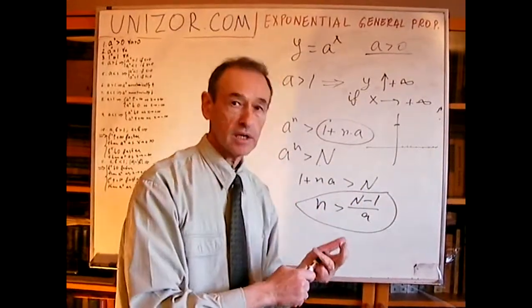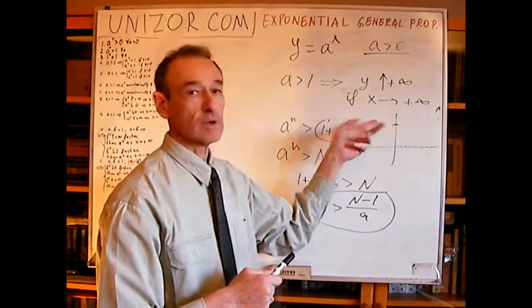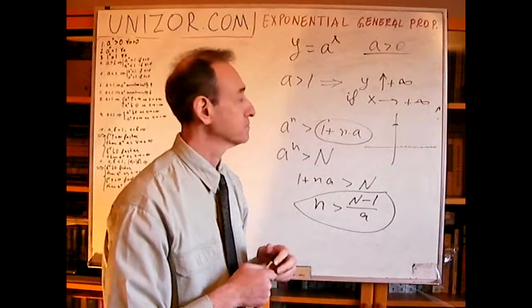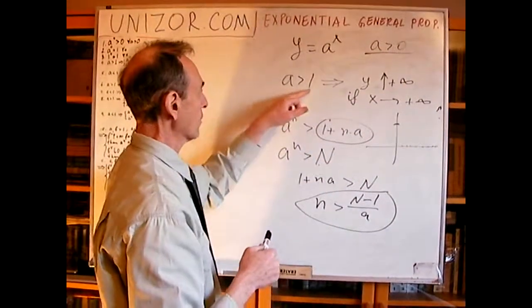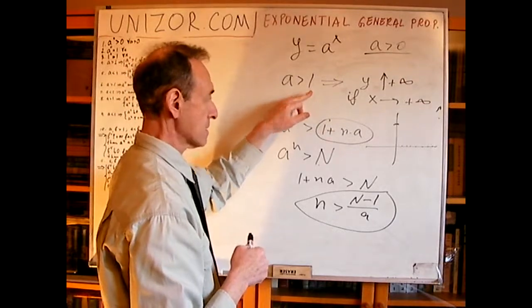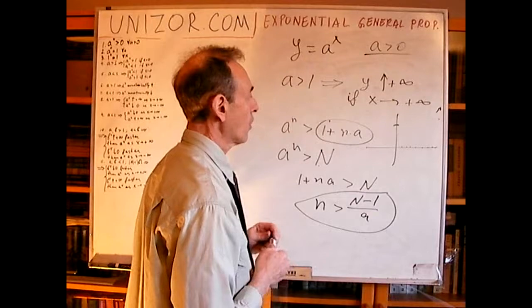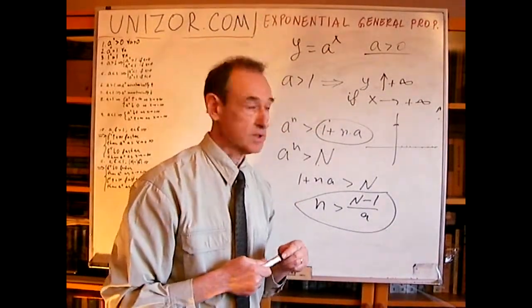It's monotonic and it can exceed any, however large, chosen number N. So what we have just proven is that for a base greater than 1, the function goes to plus infinity when the exponent increases to plus infinity.